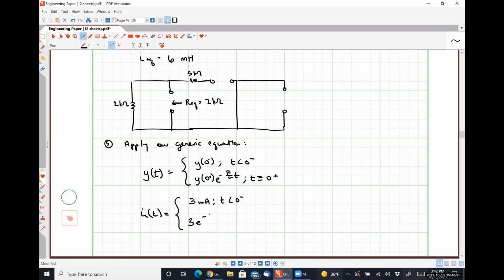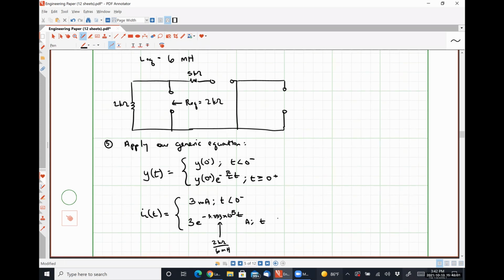So 3.333 times 10 to the 5 t, right? So just to be clear here, this is 2 amps, because this is a current, my bad.